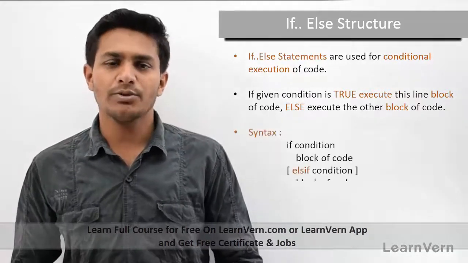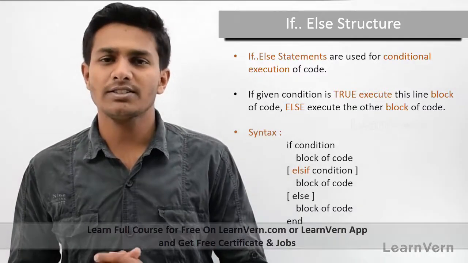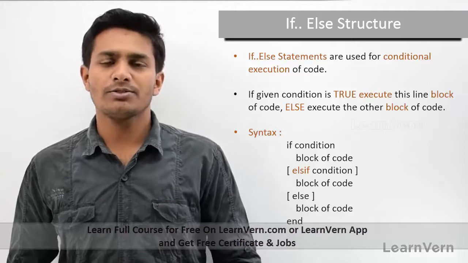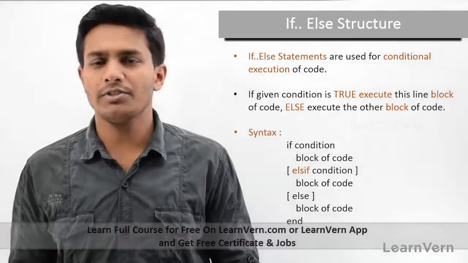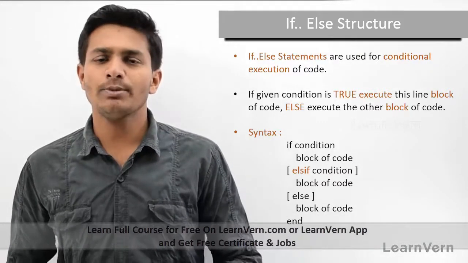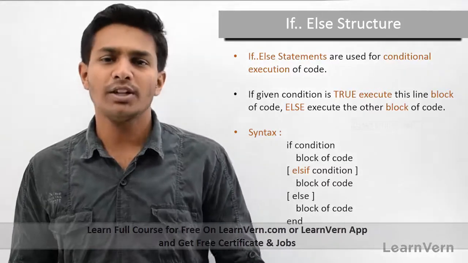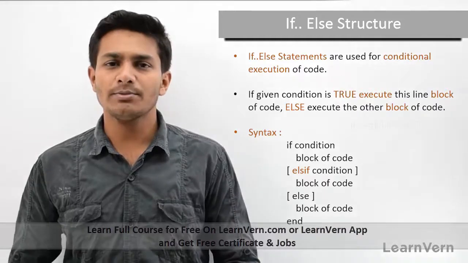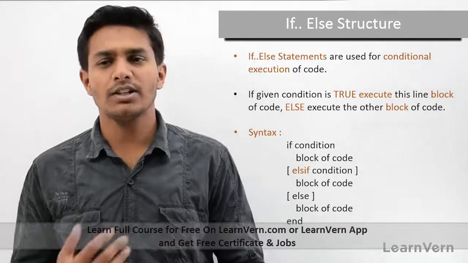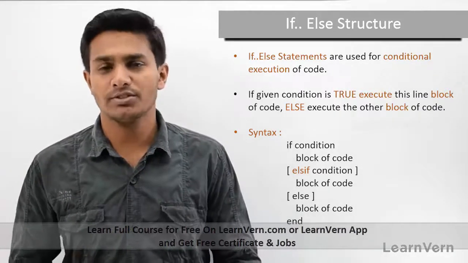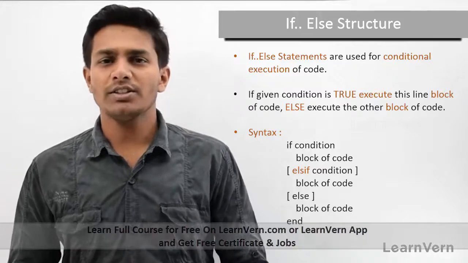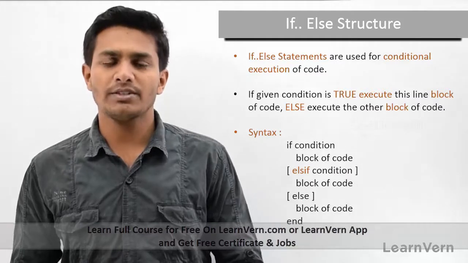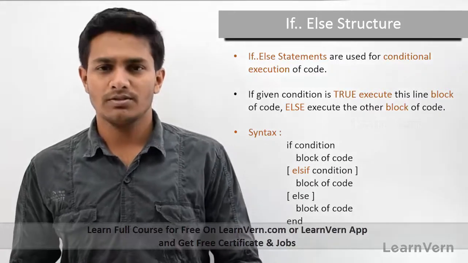Here on the slide you can see the syntax of the if-else statement. First of all I have set if and the condition that we need to set, then the block that we need to execute if the condition is true. And if I want to add another condition, let me say I want to add two conditions, so here in the else part we can add one more keyword, that is elsif.